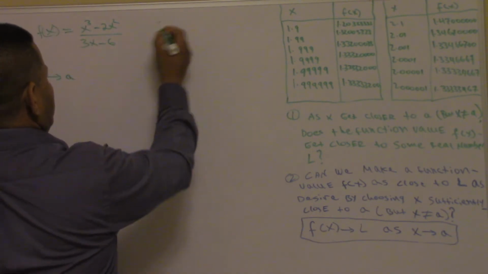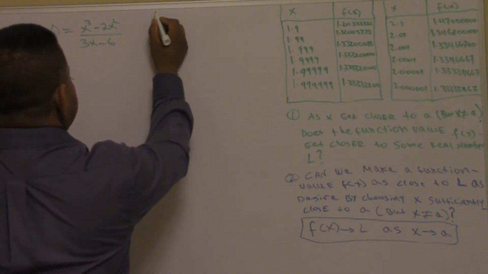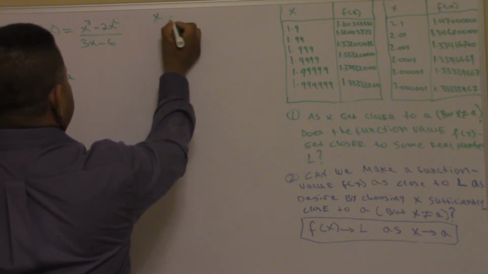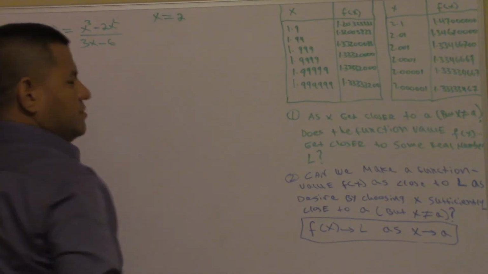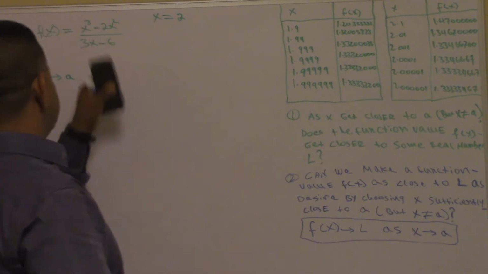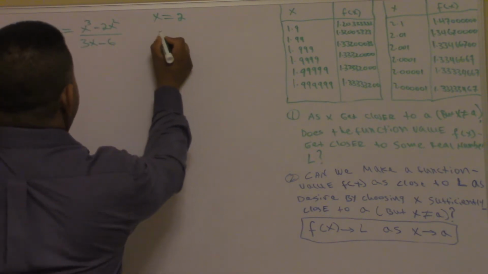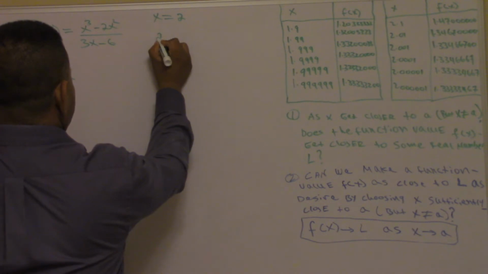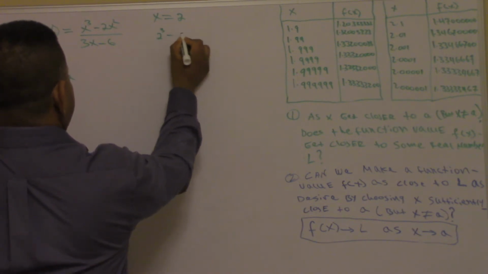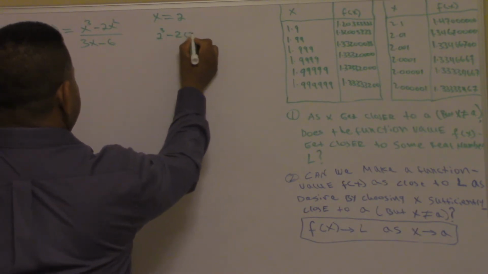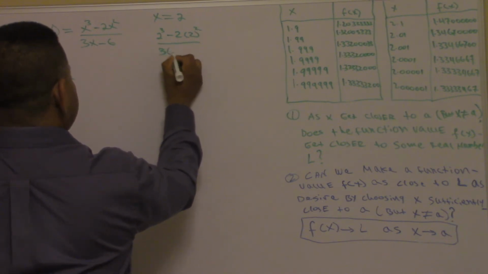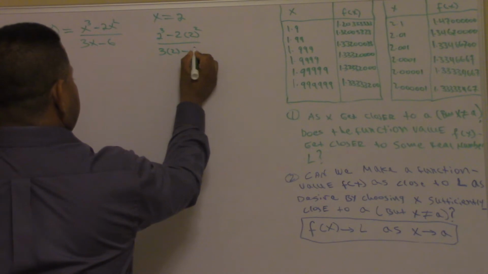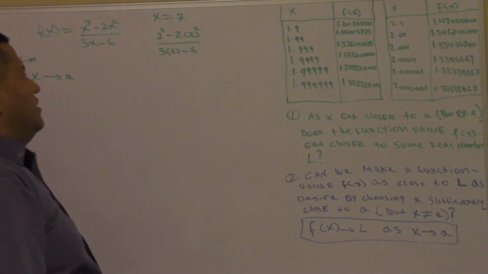Let's say that x equals 2. Okay? When x equals 2, then I have 2 cubed minus 2 times 2 squared over 3 times 2 minus 6, right?